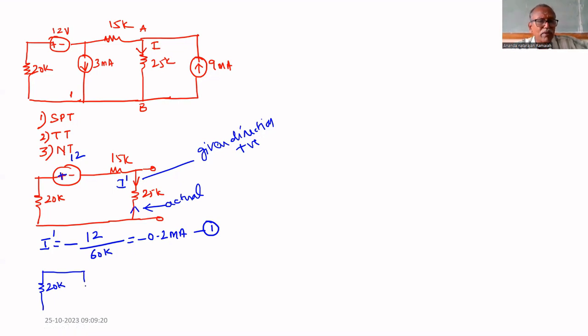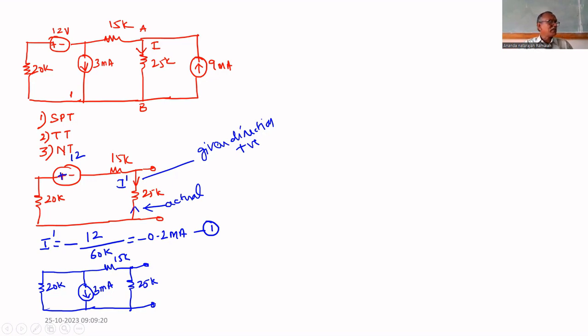Current source means we have to open. So we are going to consider that 3 milliampere. We have to consider that 15K, 25K. We have opened this 9 milliampere, that's why that is not in the picture.